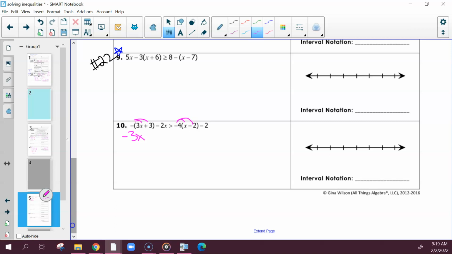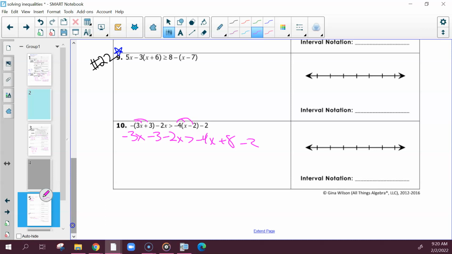So this would just be negative 3x minus 3 minus 2x. Our sign would stay the same. Minus 4x plus 8 minus 2. So only when you multiply or divide on both sides does your sign change direction.